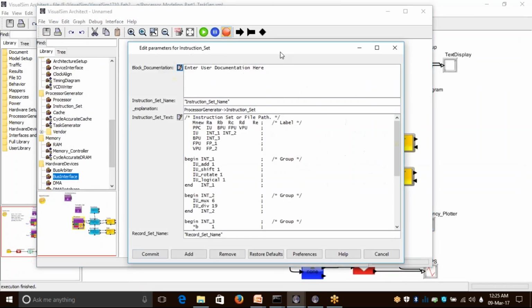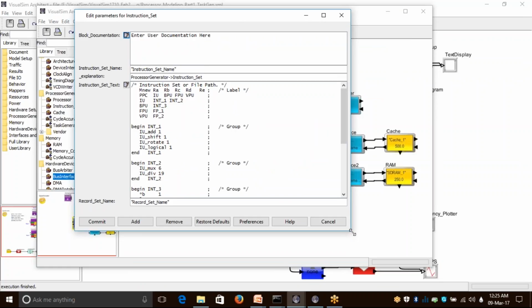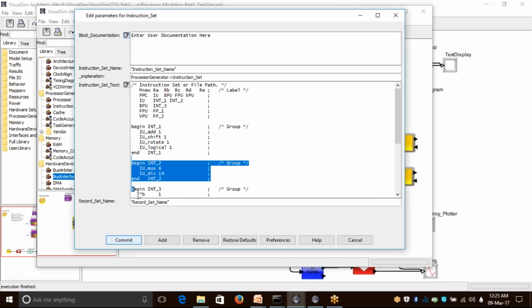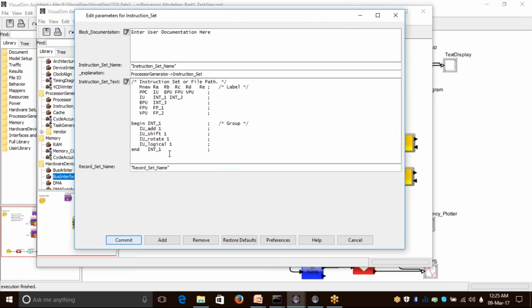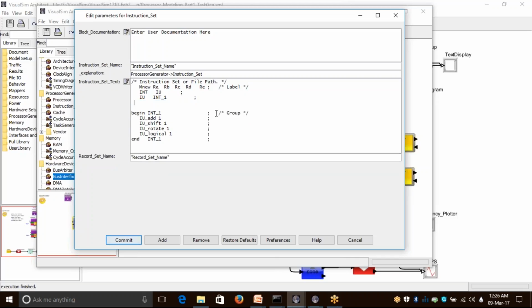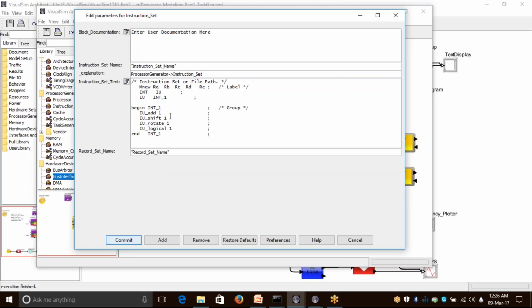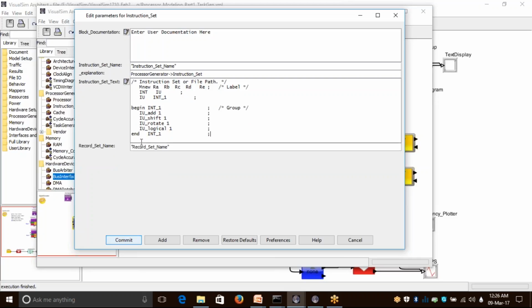And in the instruction set, I'm going to delete all the additional details because I'm considering a very simple scenario. I'm going to call this int1 or IU. You don't really have to define all this if you're not designing any proprietary processor models.